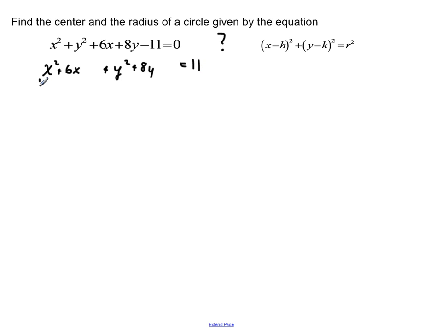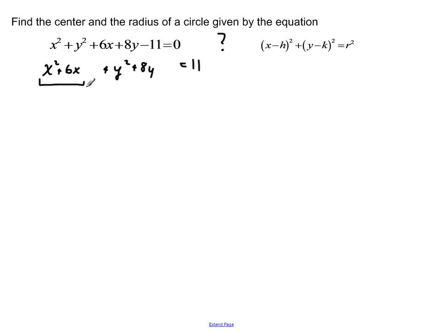And you'll notice that these first two terms are ones that are pretty easily put together in such a way that we can find a perfect square trinomial out of it, right? What completes the square of x squared plus 6x?